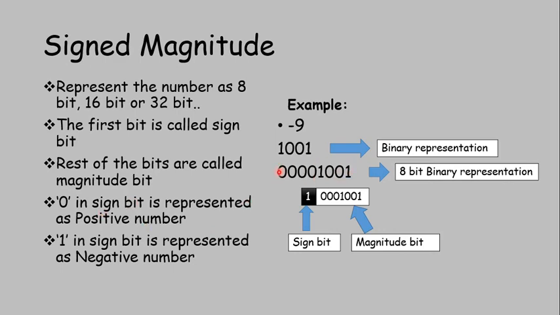But I have to convert it into -9, so I have to make the sign bit 1, because 1 in the sign bit represents a negative number. So 1, then the rest of the bits 0001001. This is my sign magnitude representation of the binary number.